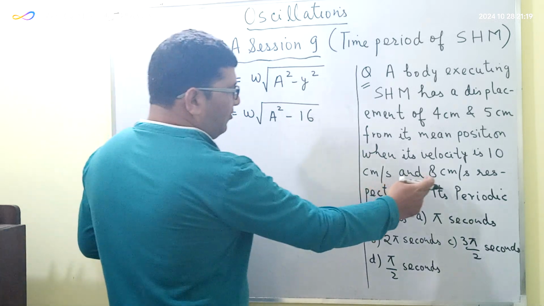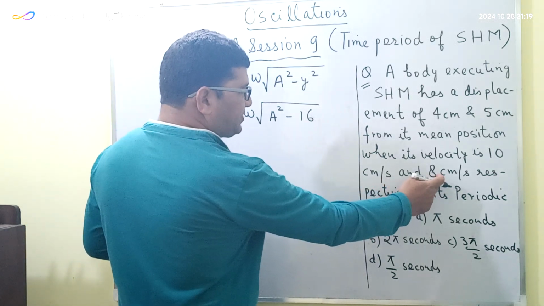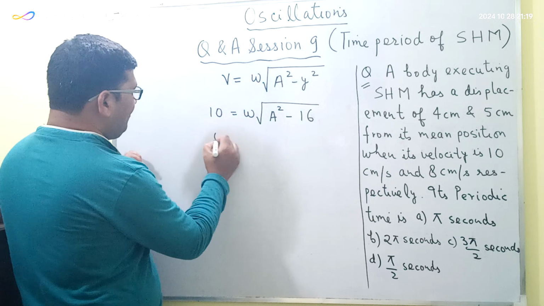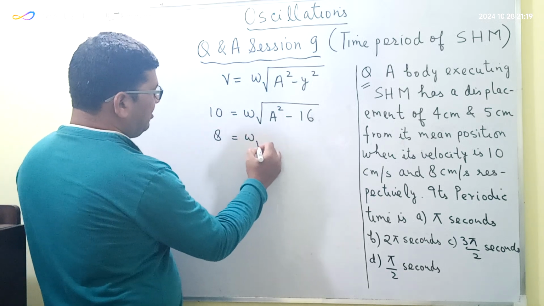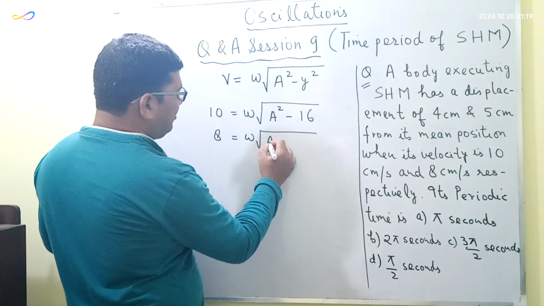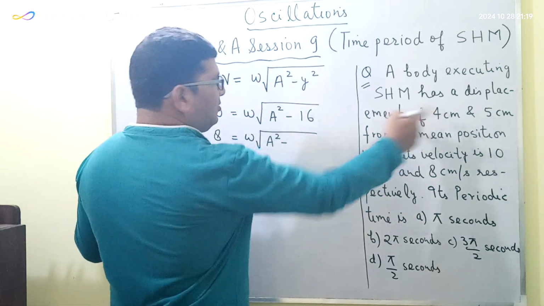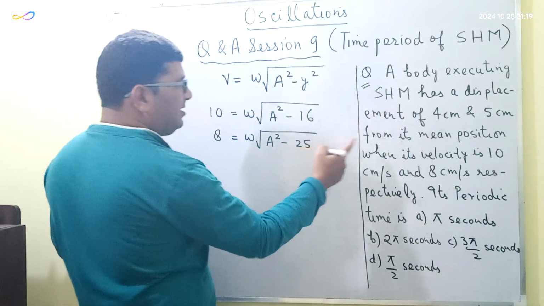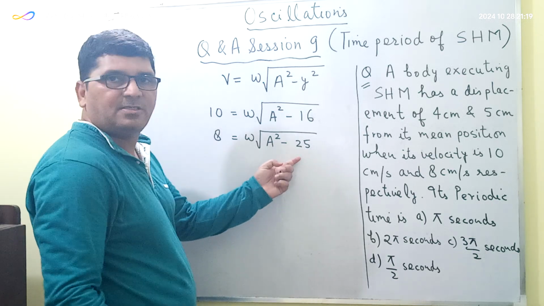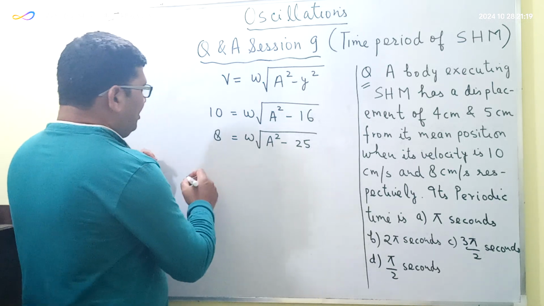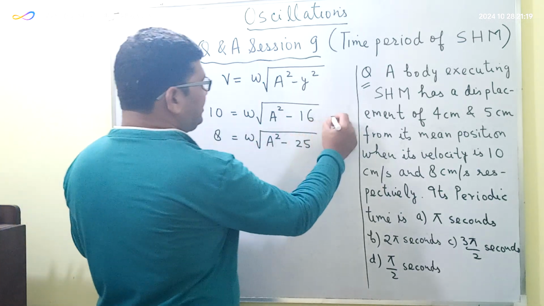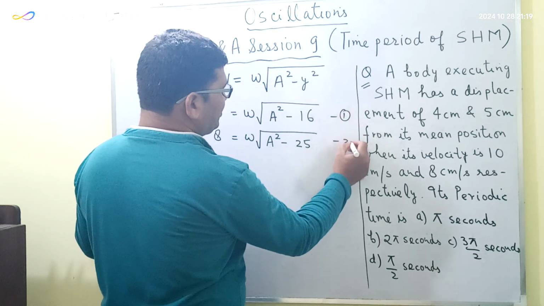And when the velocity is 8 centimeter per second, then I will get another equation as 8 is equal to omega root a square minus 25, because y is equal to 5 in the second case. So let us say this is equation number 1 and this is equation number 2.